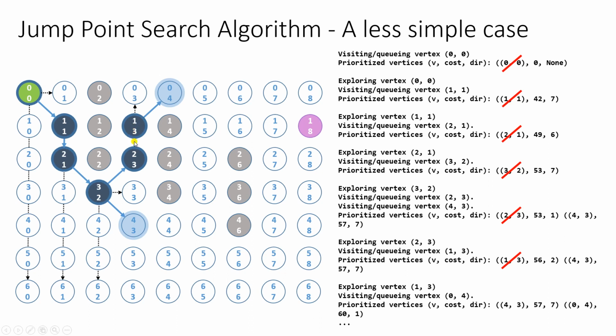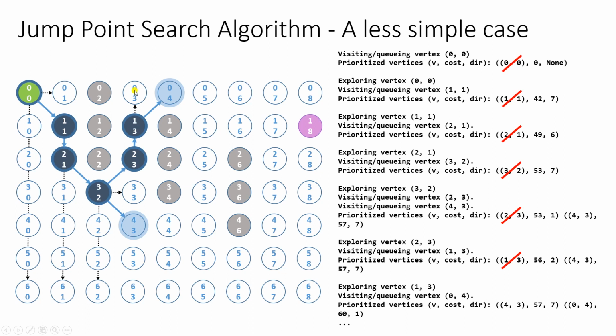Vertex 1, 3 will go in the same direction as it came from. It came from 2, 3 following direction 2. You can see in the article how each direction is numbered, but direction straight upwards is direction 2, and you can also check in the priority list.